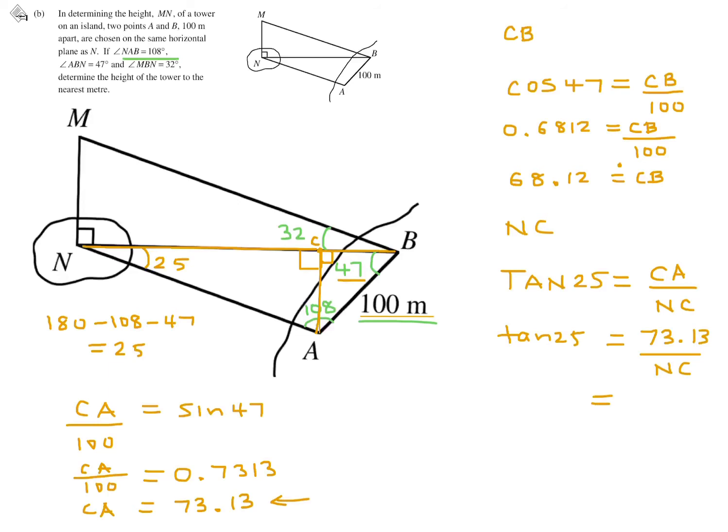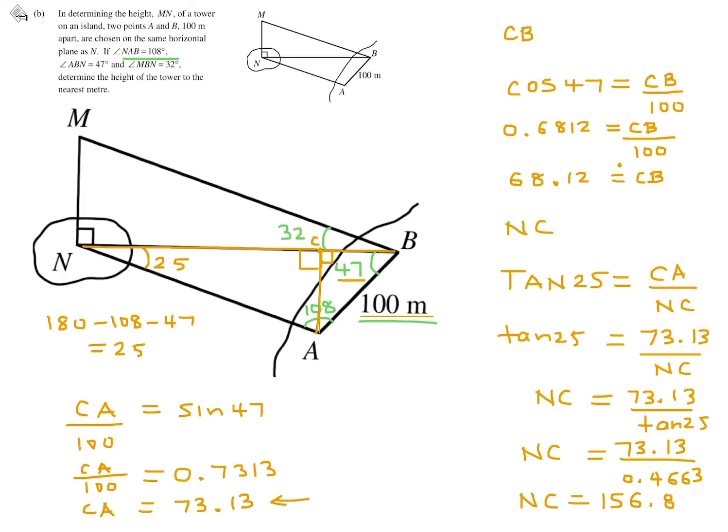The tan of 25 is 0.4663, so NC becomes approximately 156.8.